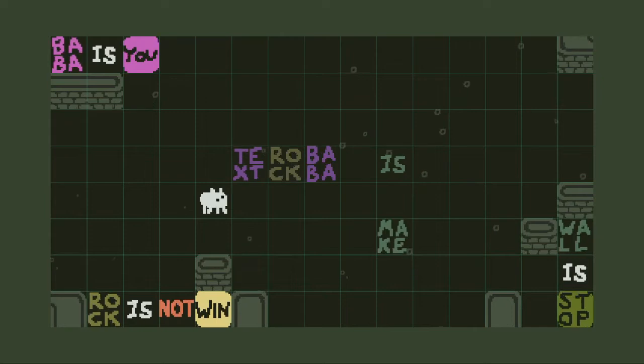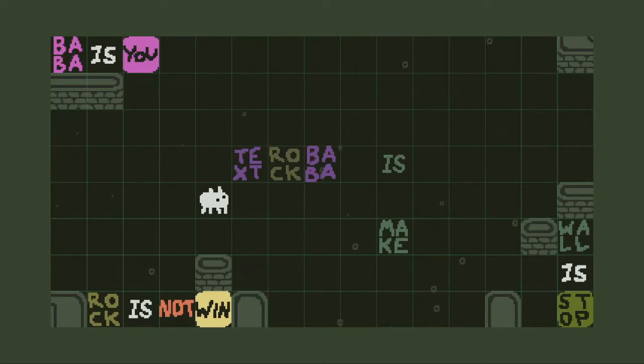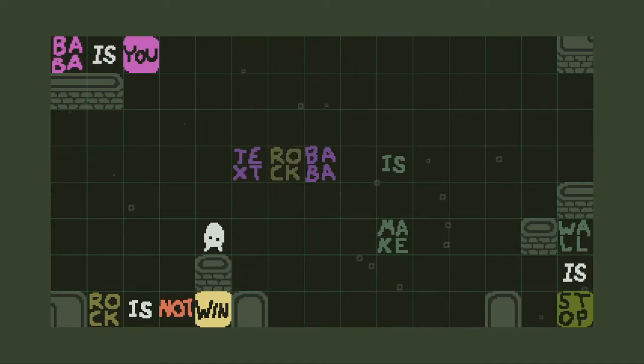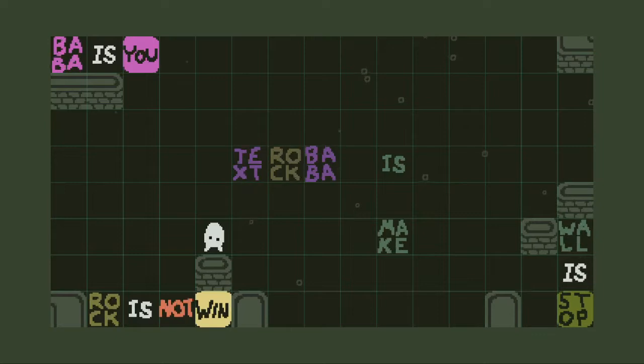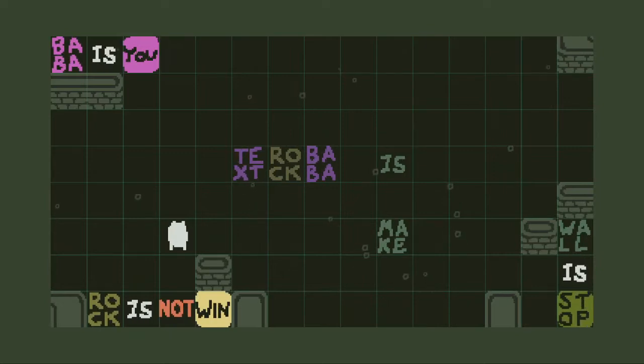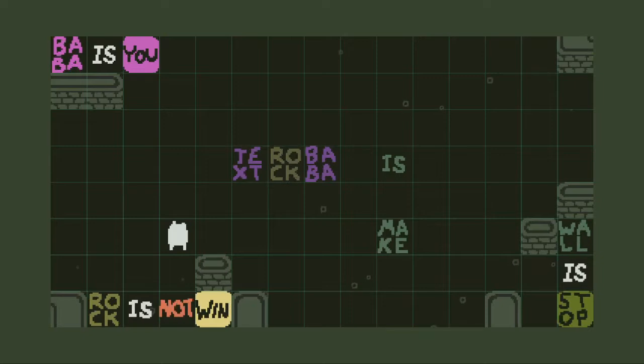So I need a way to be winning right near the end of that. So is there a way either that A, I can be one move away from saying something is win right before I do that, or B, do it in a more controlled fashion so that there's not 14 gazillion objects happening all at once?